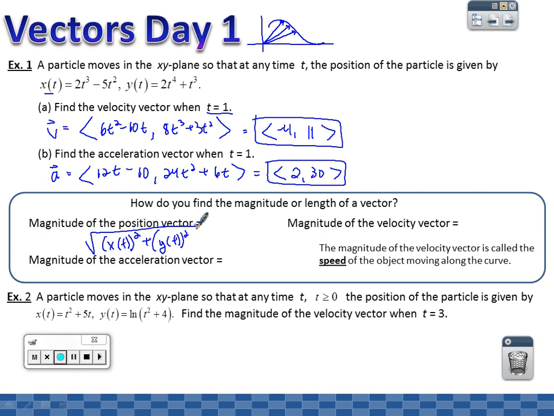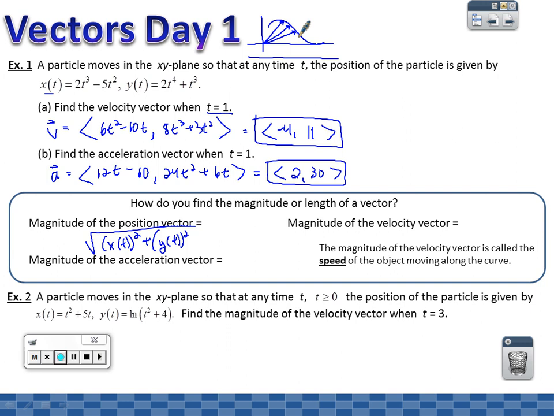So let's talk about what that means. What would it mean if I were to find the magnitude of the position vector? Let's look at this particular situation up here. It would give me this distance, the distance of the vector, the position distance, just that one vector.